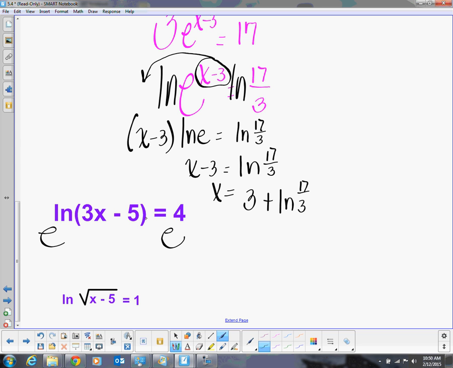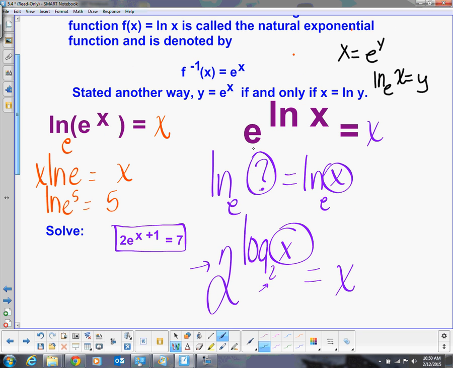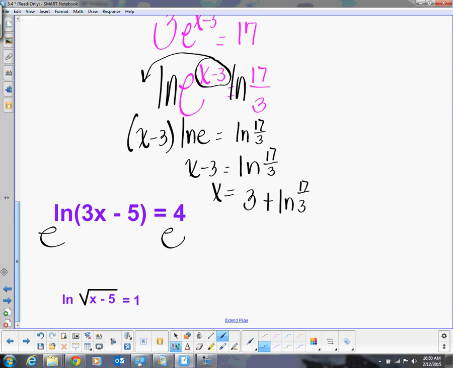You see that? What's e raised to the ln of this? Whatever this happens to be. So e raised to this is 3x minus 5, and this is e to the 4th.